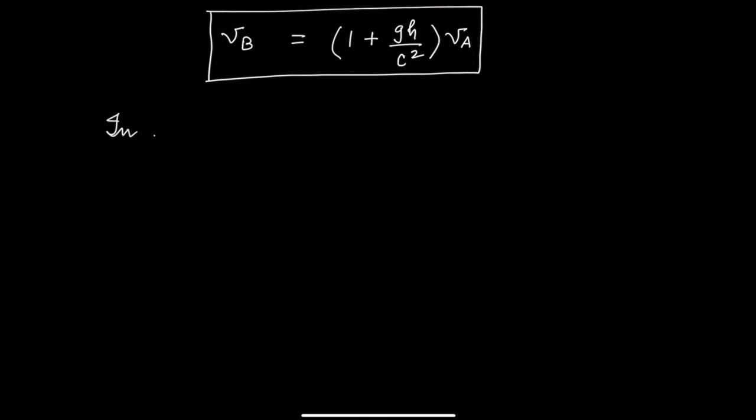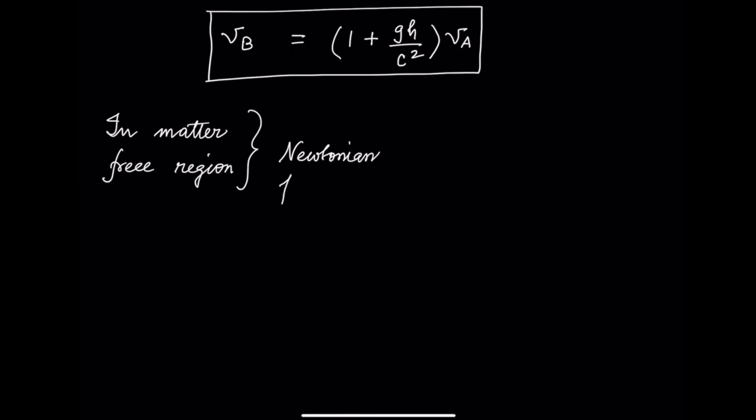In matter-free space, the Newtonian gravity is given by the Laplace equation, or the Newtonian potential comes out as the solution of the Laplace equation, which is grad square phi equals 0.